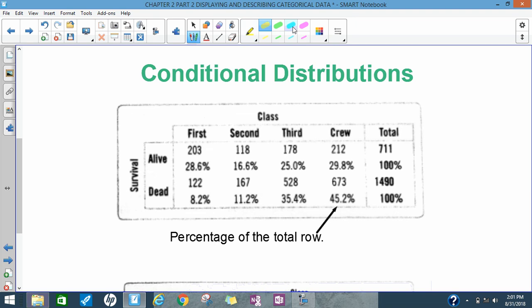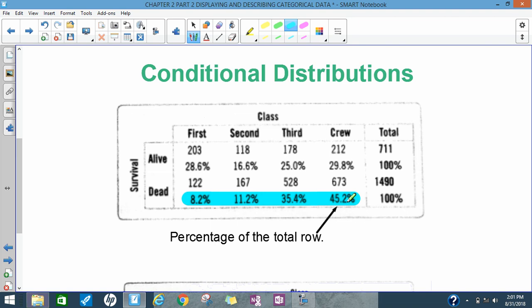So if I look down here, these percentages were obtained by taking the number of crew members, the number of third class, the number of second class, the number of first class who died, and dividing it by the total number of people who died.